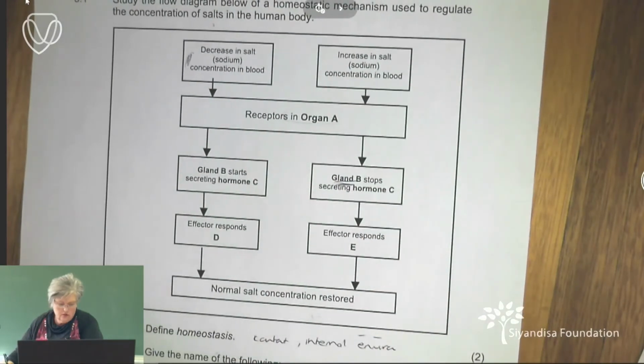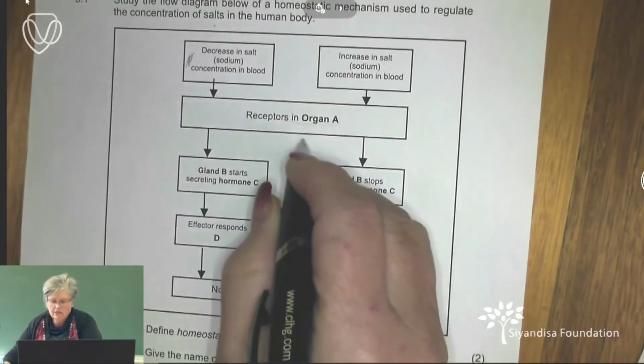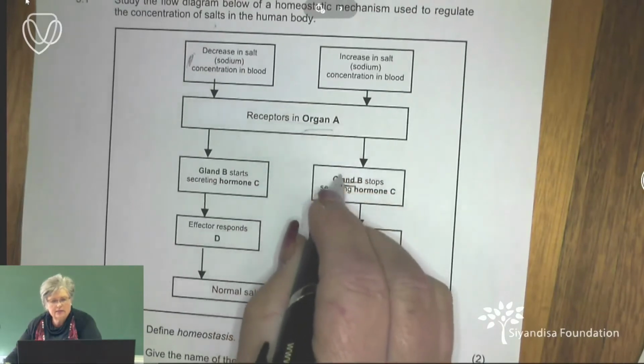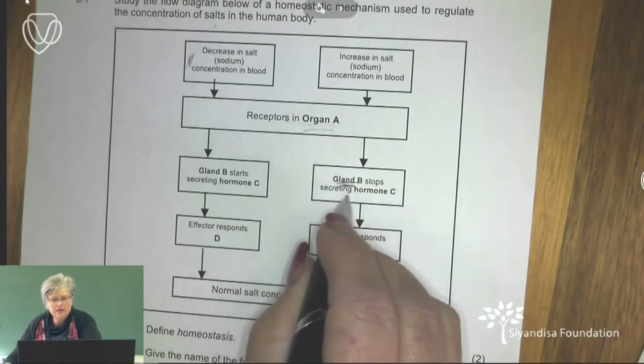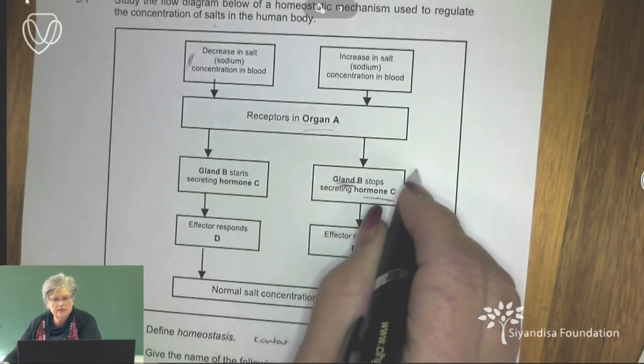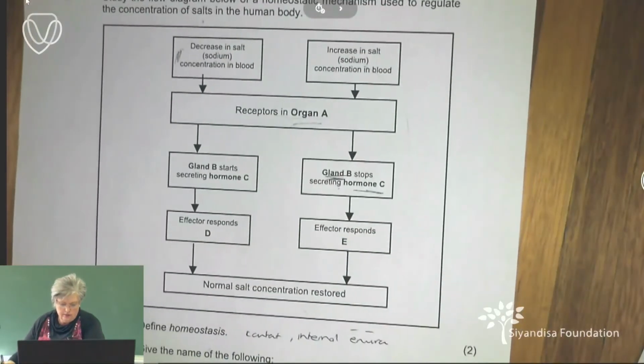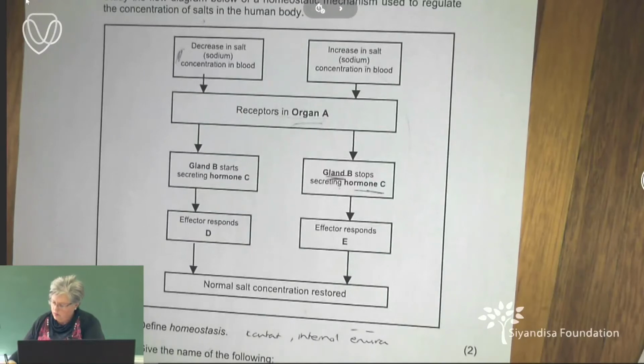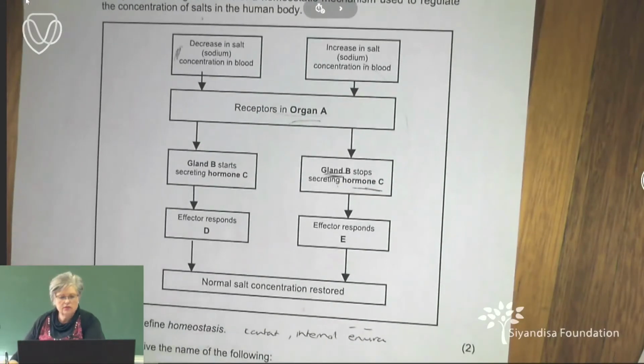That is the adrenal gland. So in the kidney there's an adrenal gland. Now it secretes a hormone. What is that hormone that influences sodium? It is aldosterone. So this is all content questions.